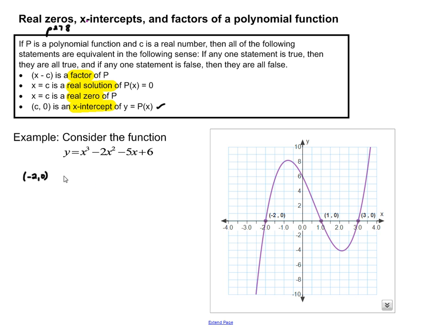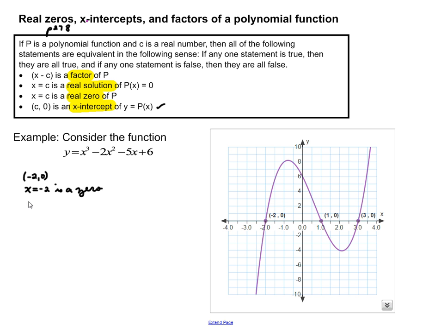What else could we say? Well, we could also state that x equals negative 2 is a zero of this function y equals x cubed minus 2x squared minus 5x plus 6.